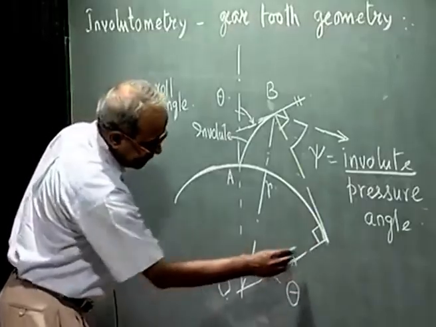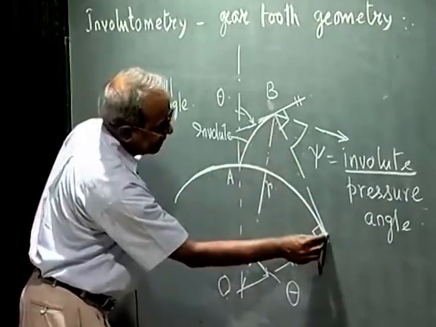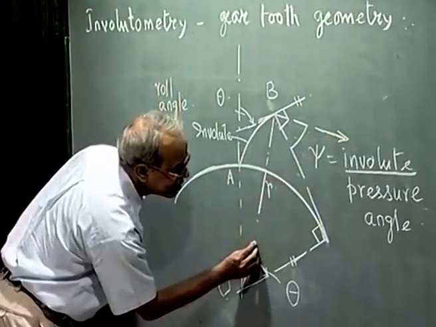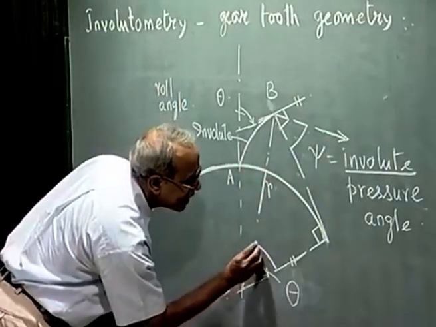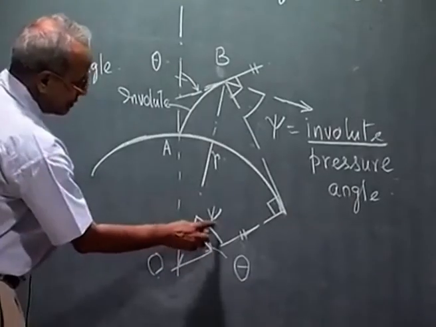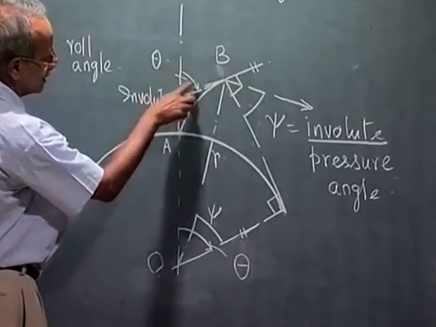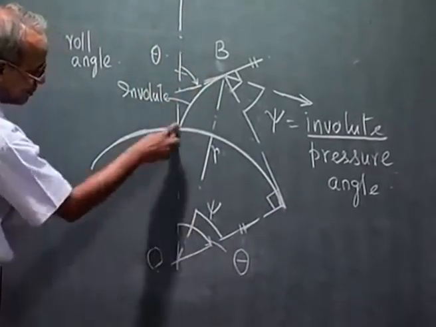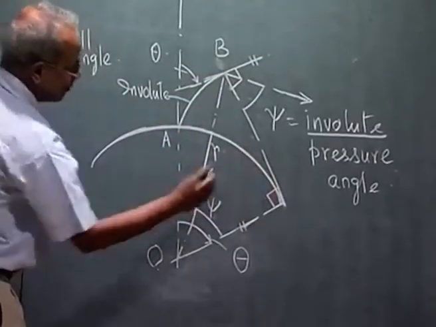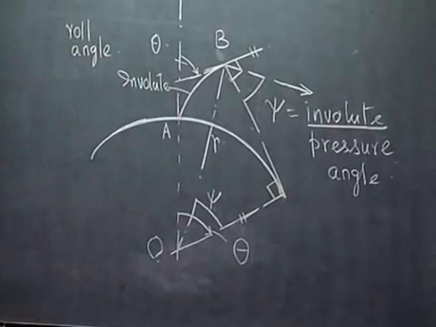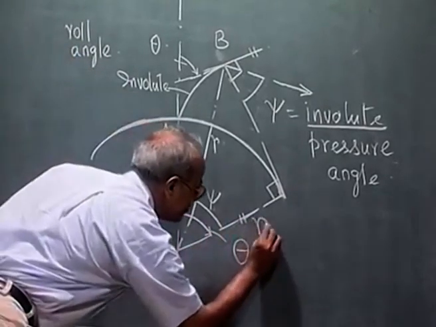Now, this line is perpendicular to the tangent and this line is perpendicular to the direction of velocity. So, this angle is also psi, the involute pressure angle. Theta is the roll angle, psi is the involute pressure angle. Theta is the angle between these two tangents at A and B, which is the same as these two radii at A and corresponding to B. So, let us say base circle radius is RB.